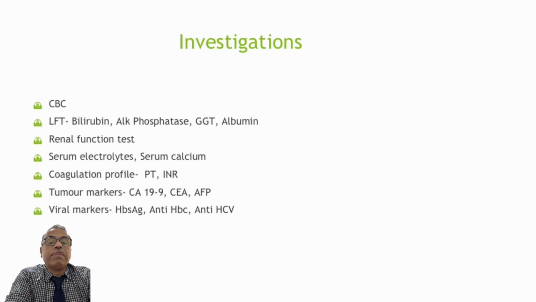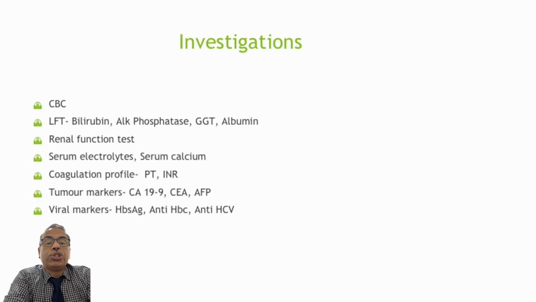Serum albumin level may be depressed, especially in late stages where the synthetic function of the liver is compromised. Most of the liver enzymes like ALT and AST may be normal because the liver parenchyma may not be initially damaged, leading to very marginal increase in these enzymes. Renal function test, because these patients, we have already discussed, are prone to renal failure in late stages.